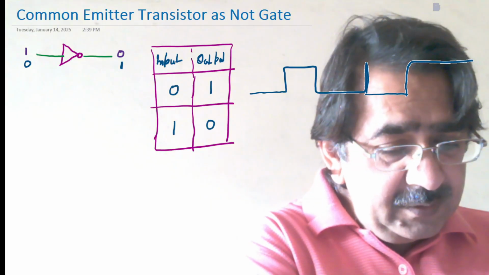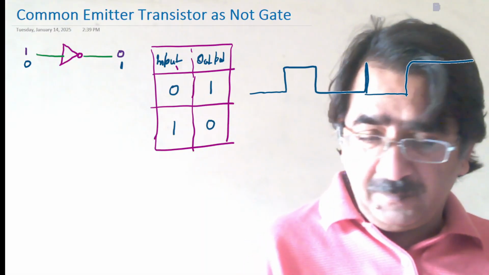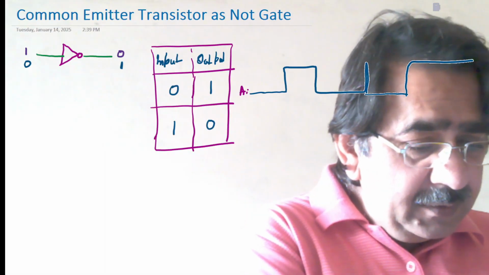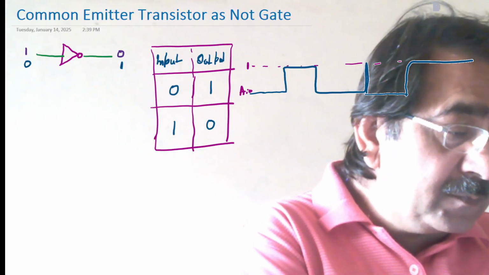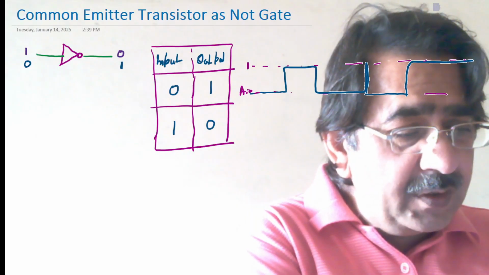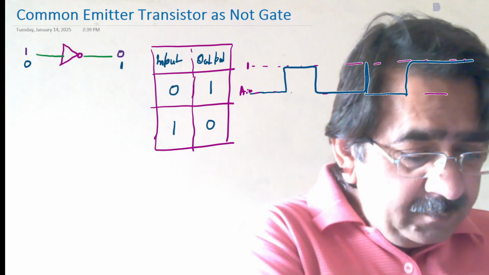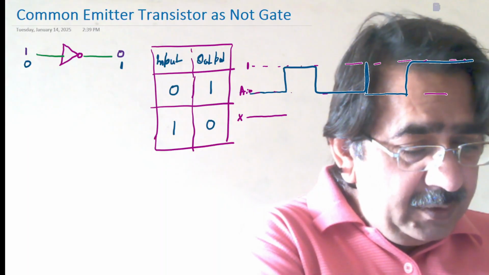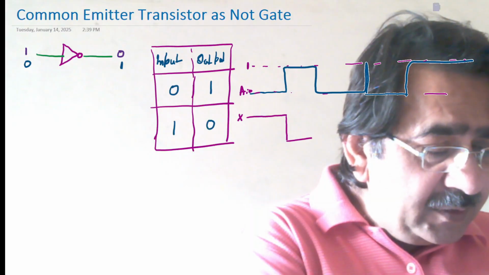I say that A is the input, and this is 0 and this is 1. Then what will be the output? As we know, the output X will be a 1 when the input is 0, and when the input is 1, then the output will be a 0.